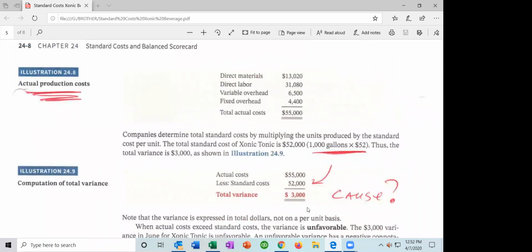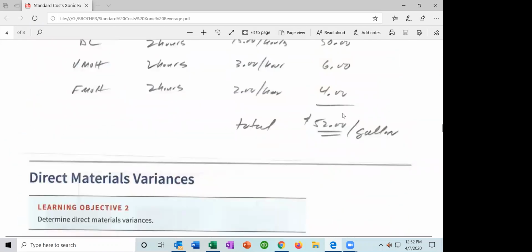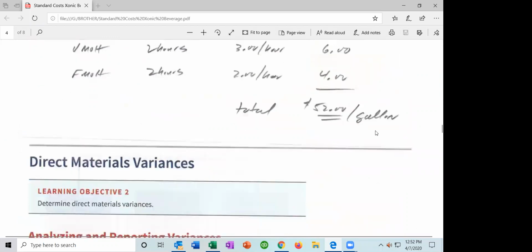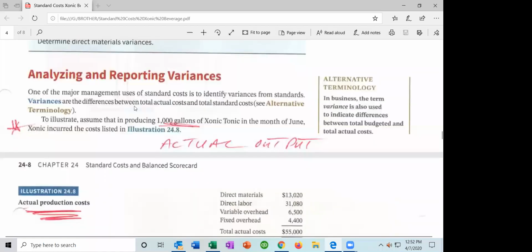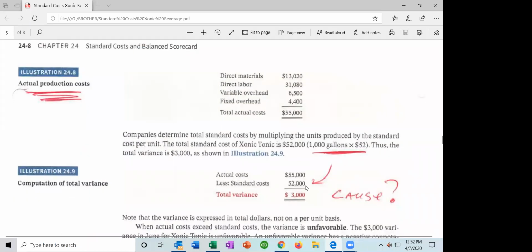They should have spent $52,000 to make those 1,000 gallons. How did we get the $52,000? Go back to the standard cost card. It should have cost $52 a gallon. The actual output was 1,000 gallons. They should have spent $52,000, but they actually spent $55,000.